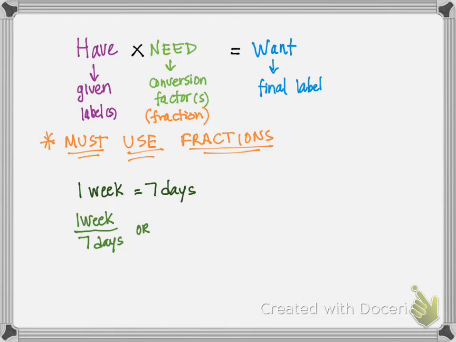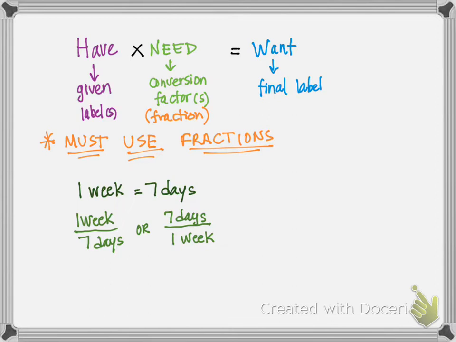However, if I want my answer to be in days, I'd put the conversion factor this way, 7 days over 1 week. Like I said, we're going to go through this step by step, bit by bit.